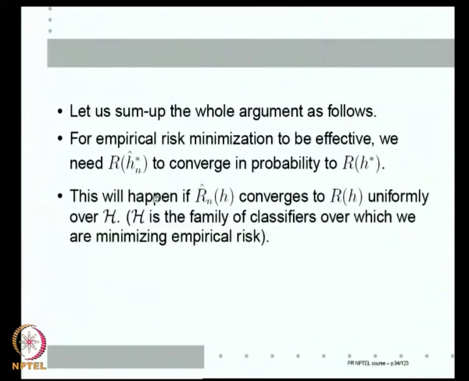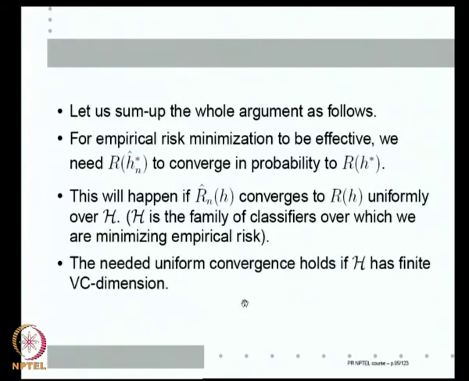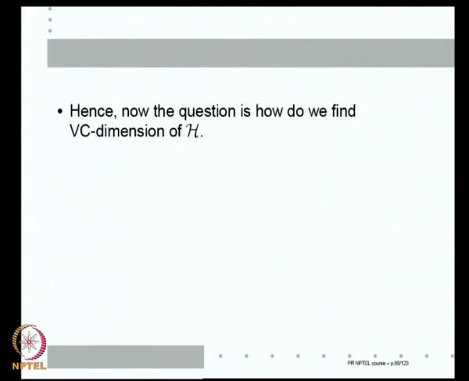We have seen that this will happen if the law of large numbers convergence of R hat n h to R h is uniform over the family h, and the uniform convergence will happen if h has finite VC dimension. Hence the question now is to find the VC dimension of H. How do we find the VC dimension of H?